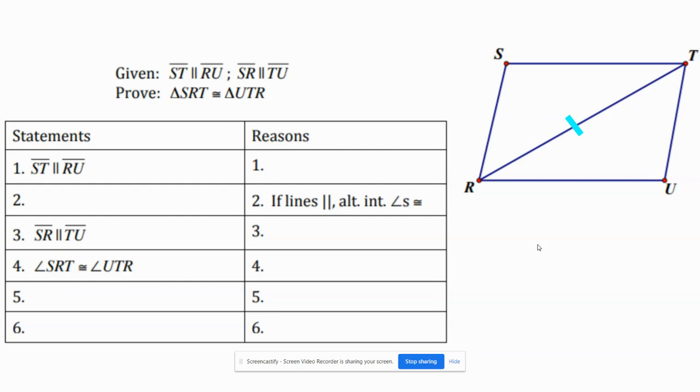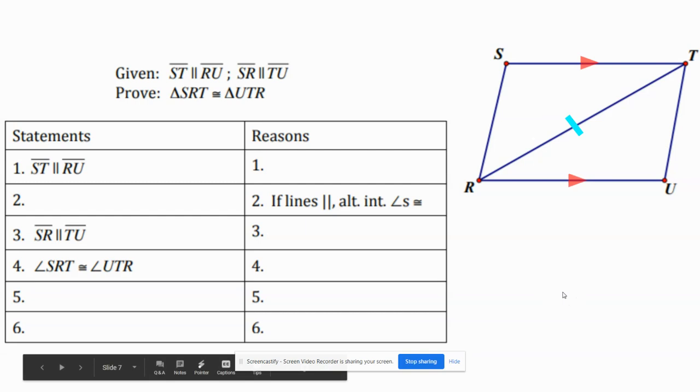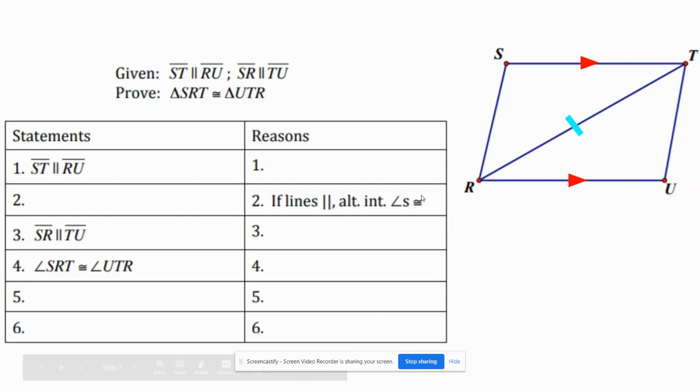That means corresponding angles, alternate interior angles, maybe alternate exterior angles. Anytime we see parallel showing up in our given statement, I have to keep all of those angle vocabulary terms in my head. So, marking this on my picture, I know ST is parallel to RU, which is my first statement here, and I know that because it's been given.